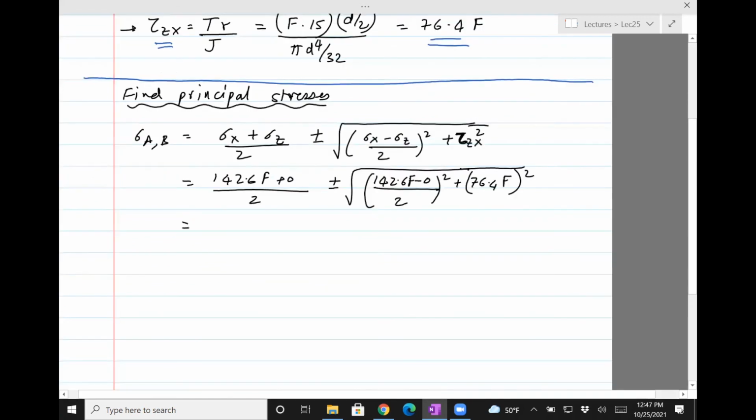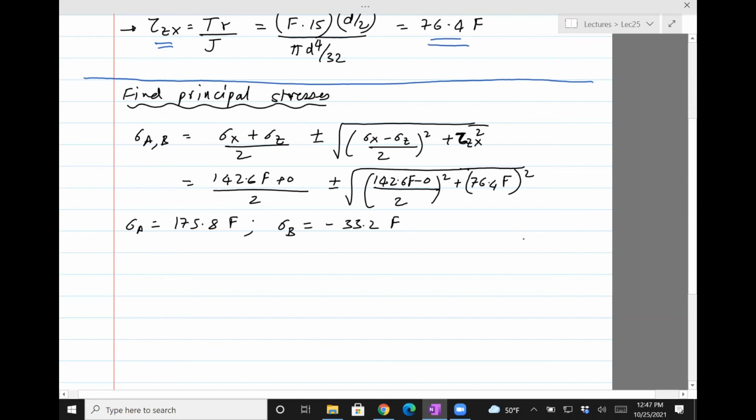Okay, so we end up getting, if you use the plus sign, sigma A equals 175.8F. Since you assume that sigma 1 is the bigger of the two values, in our theories we should use the bigger value for sigma A, and sigma B is minus 33.2F.